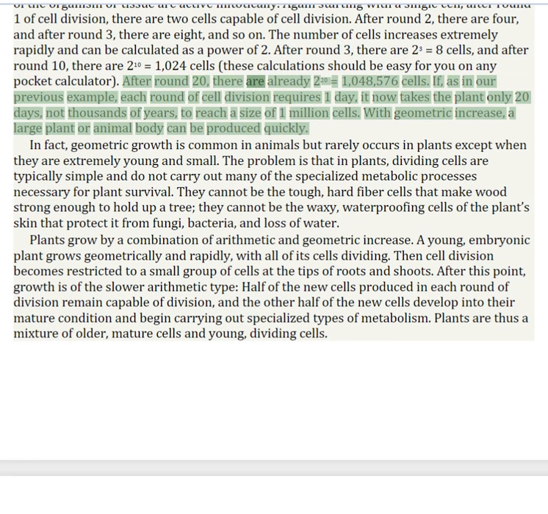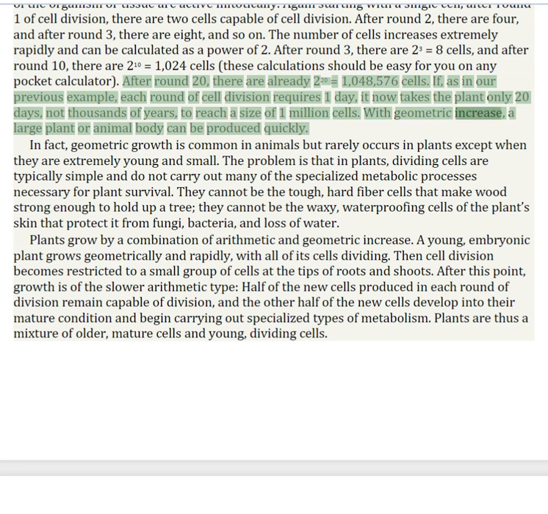After round 20, there are already 2^20 equals 1,048,576 cells. If, as in our previous example, each round of cell division requires 1 day, it now takes the plant only 20 days, not thousands of years, to reach a size of 1 million cells.